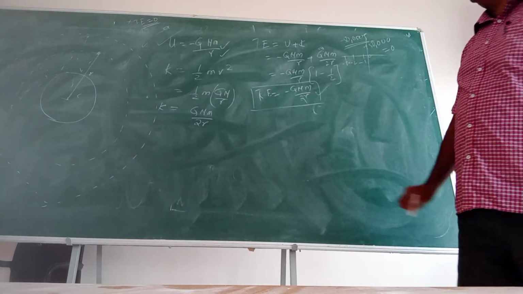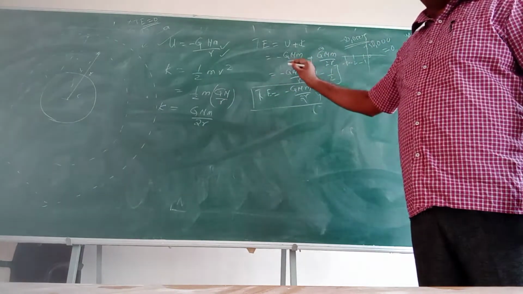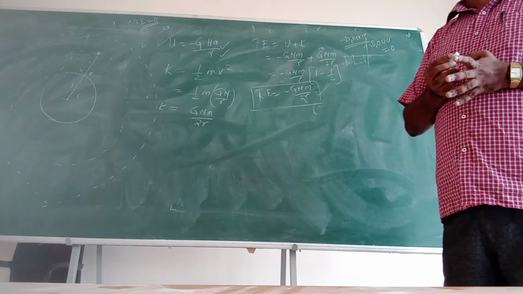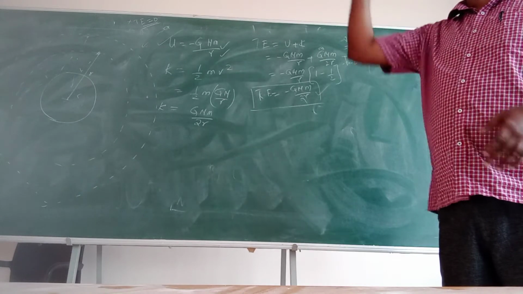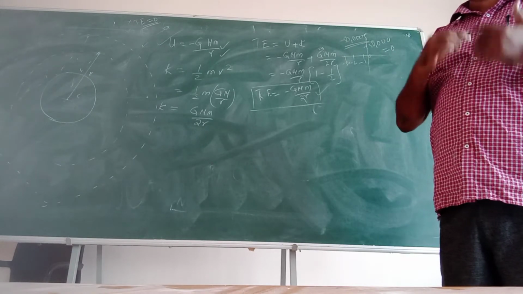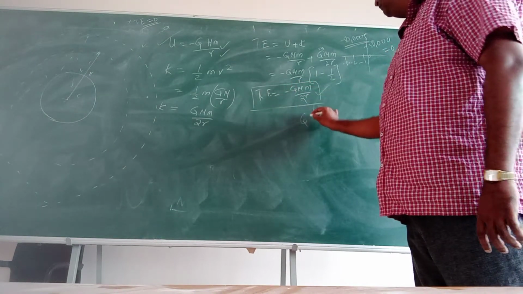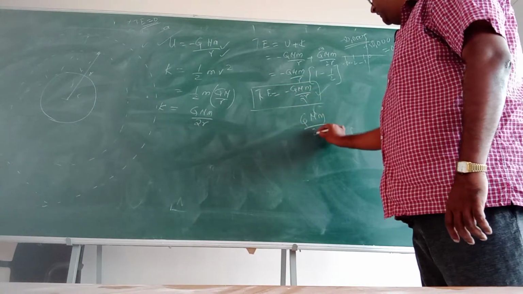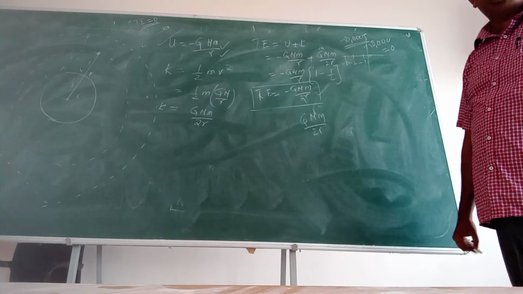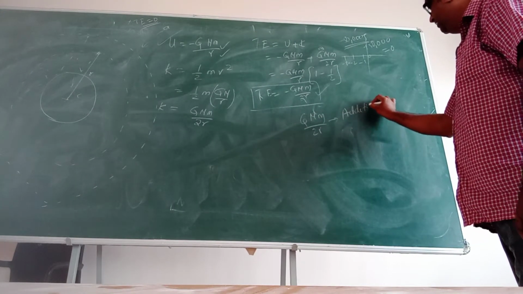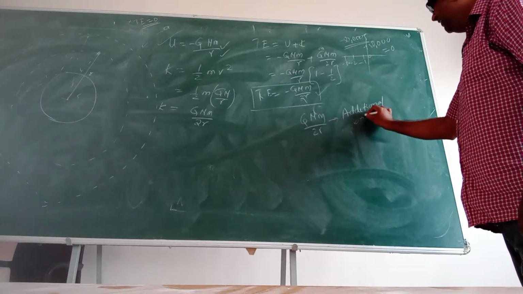That means the additional energy that should be provided for a satellite or a body to escape the Earth's gravitational field will be opposite of this total energy.